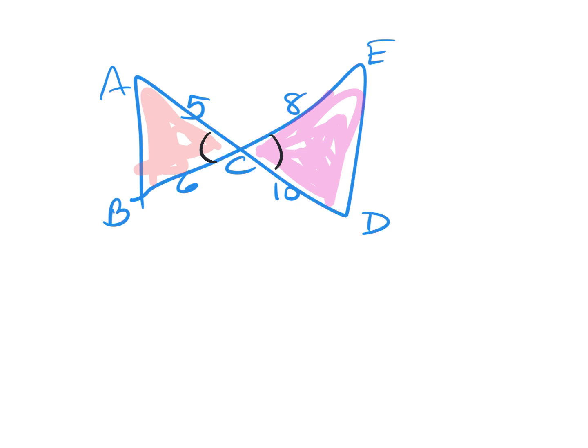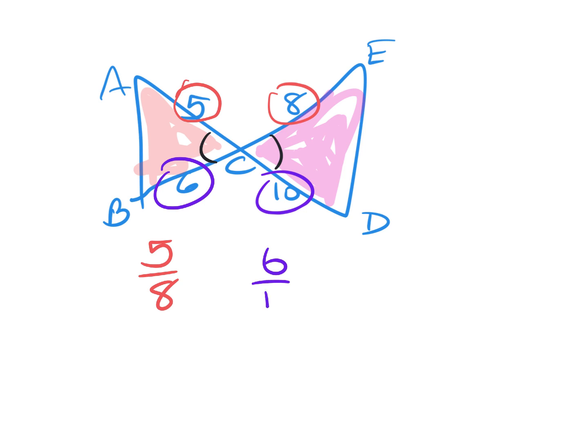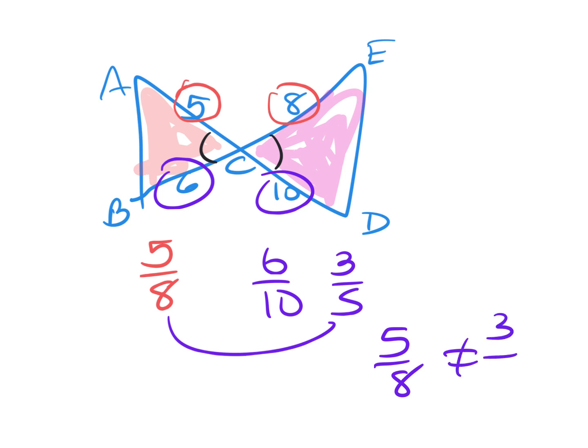And then I need to match the smallest number of this triangle with the smallest here. So 5 to 8, and then here 6 to 10 simplifies to 3 to 5. Since this is not equal here, this would be an example of not similar. Not proportional, they're not similar.